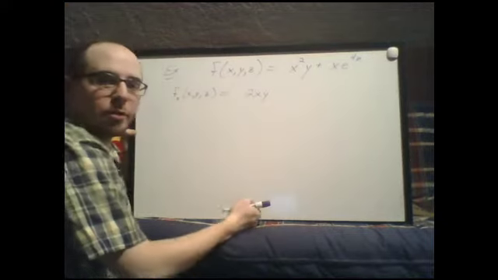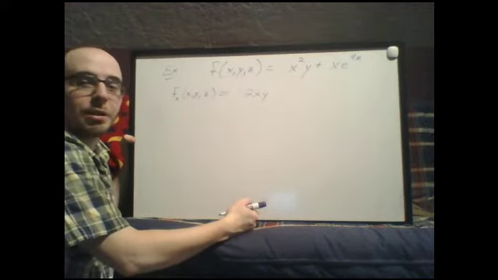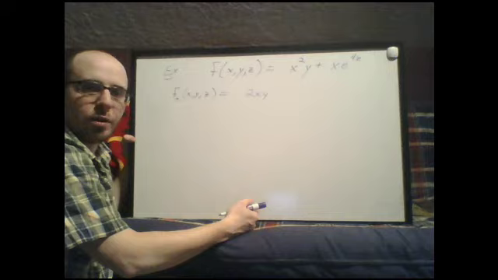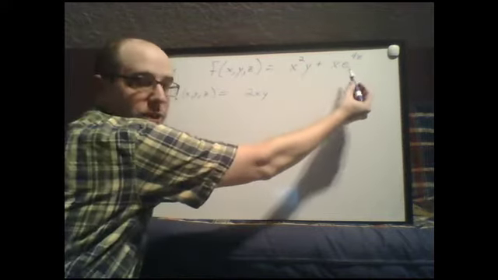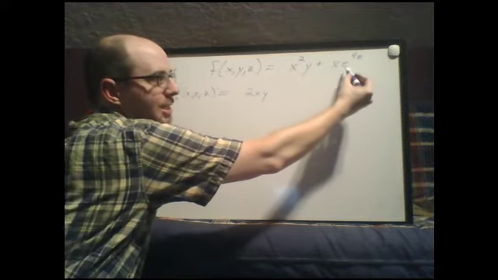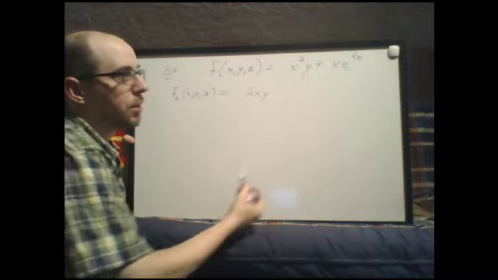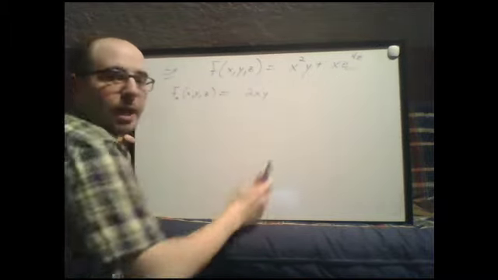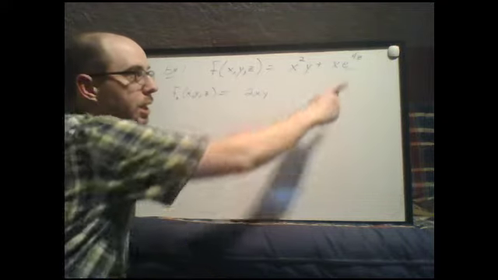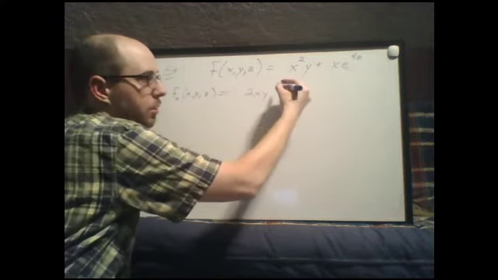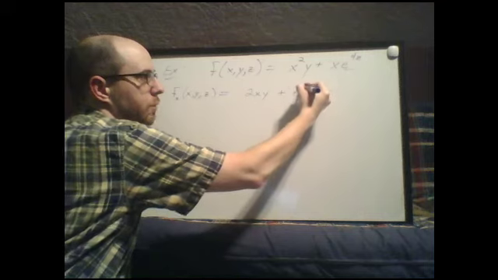Plus x e to the 4z. E to the 4z by itself doesn't involve any x's. So as far as x is concerned, e to the 4z is just a constant multiplier. So I have basically a number times x. The derivative would be the coefficient, the number. So plus e to the 4z.